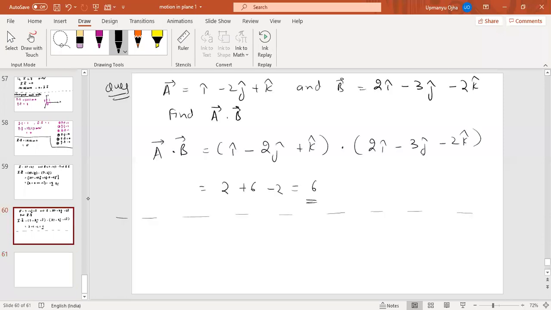To find the dot product, if vectors are given to us, A dot B, you simply multiply i cap with i cap, j cap with j cap, k cap with k cap. So 1 into 2 is 2, minus 2 into minus 3 is plus 6, 1 into minus 2 is minus 2. This will come as 6.